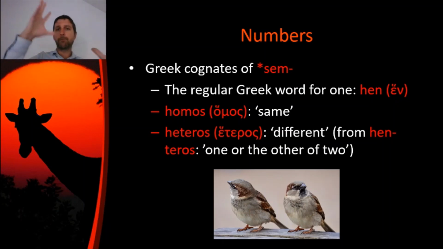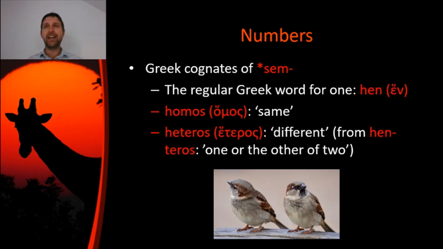So like from the perspective of the first thing, it's something else. That's sort of what a comparative suffix might do. So heteros means from the perspective of one, it's something else. So you can see why that could come to mean a word that means other, because originally it just meant one or the other of two different things. That's how you would use this word heteros in Greek.